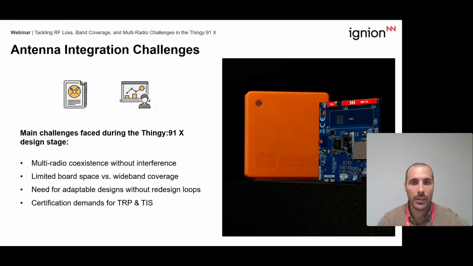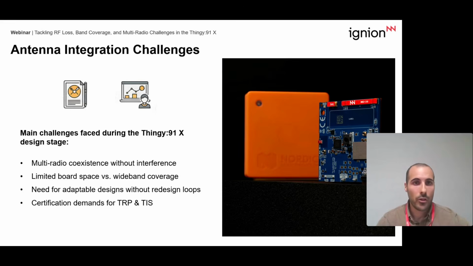For example, in tracking applications, global coverage requires cellular IoT, GNSS, and Wi-Fi, which means having multiple antennas working together. This leads us to the first key challenge that we faced, that is the multi-radio coexistence.